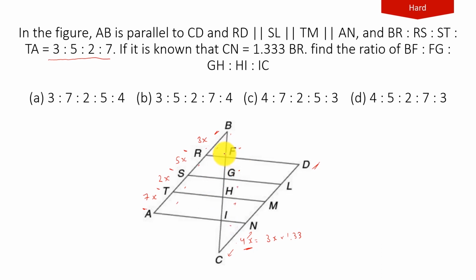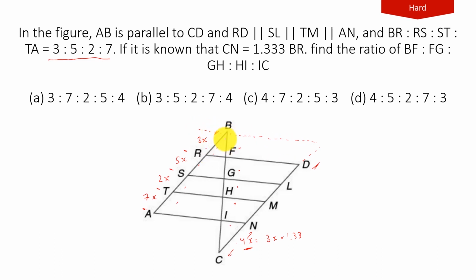Now as we have seen earlier in the concepts video, when there are multiple parallel lines and two or more transversal lines, the ratio of their segments cut by those parallel lines is going to be the same. So if I create a parallel line from B which is parallel to RD, now there are 5 parallel lines and these two transverse lines.